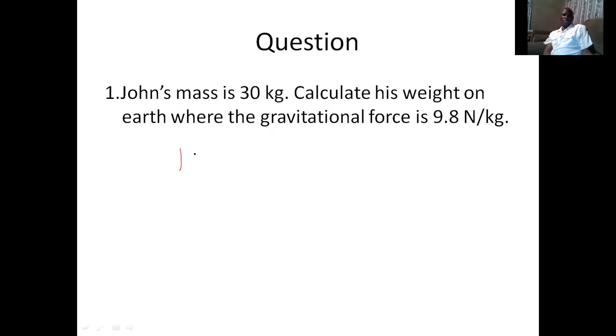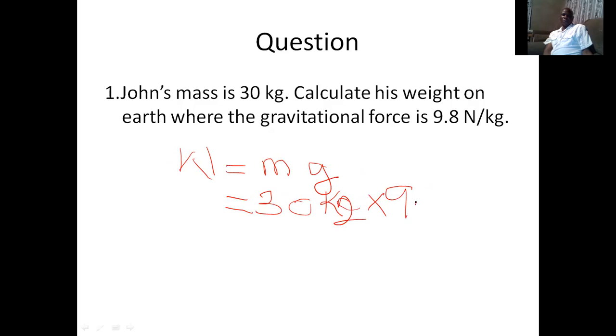As we indicated, weight is equal to mass multiplied by the gravitational field strength. We are given that the mass is 8 kg, multiplied by the gravitational field strength on Earth.